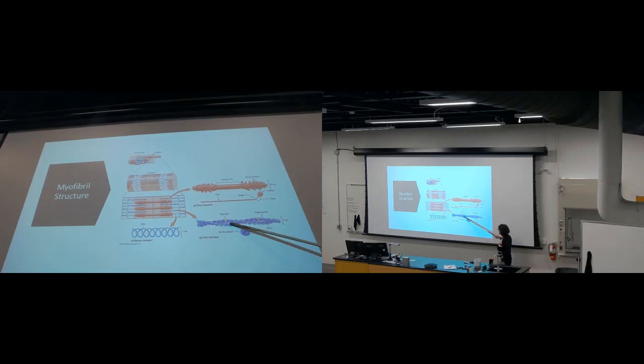For actin, you have also a helix made of these subunits, which is globular actin. When several of these actins form a filament, you call this F-actin. So you have two F-actins forming a helix, being bound together by this protein that is called tropomyosin.